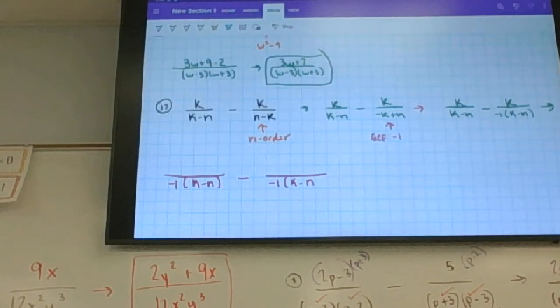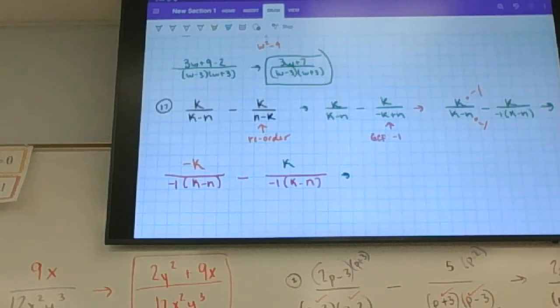So my original problem, it didn't have the -1 in, so I'm multiplying the -1 at the top and bottom of the first fraction. So that's -K. And the second fraction is exactly as it started, just written differently.